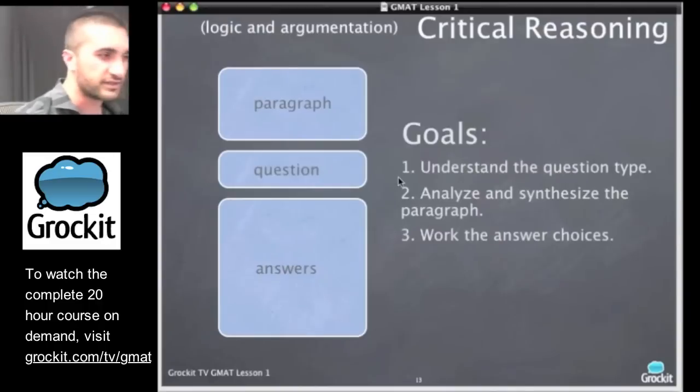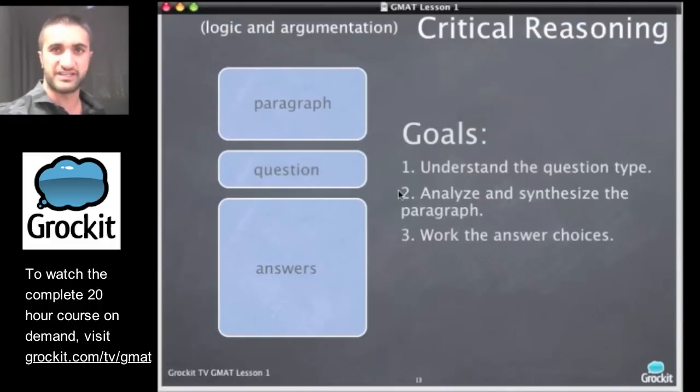But what's important, and what we're going to do when we work these questions and when we talk about critical reasoning here in class, is we're going to work them in a different order. So these 3 goals that we see here are our 3 goals on every critical reasoning question we ever work. So we're already creating rules for ourselves to engage with the GMAT in a very specific and organized way.